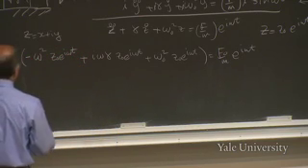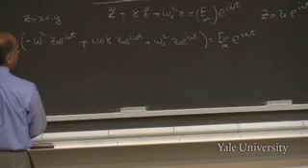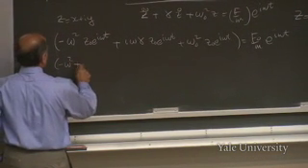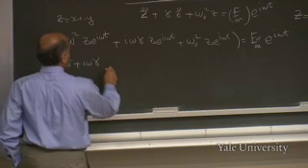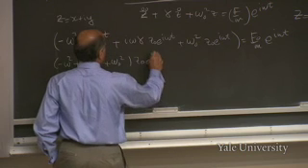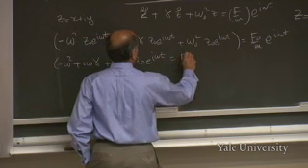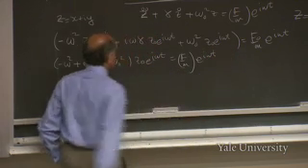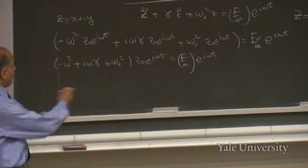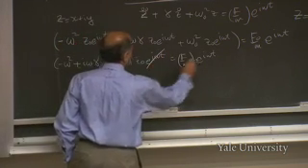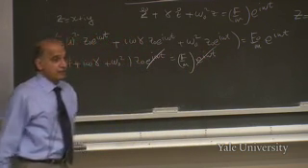So let me rewrite this as follows. Minus omega squared plus i omega gamma plus omega naught squared times z naught e to the i omega t is f over m e to the i omega t. This is what I want to be true. Well, e to the i omega t, whatever it is, can be cancelled on two sides because it is not 0.